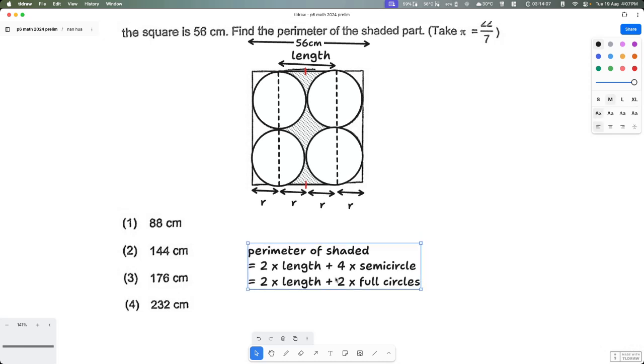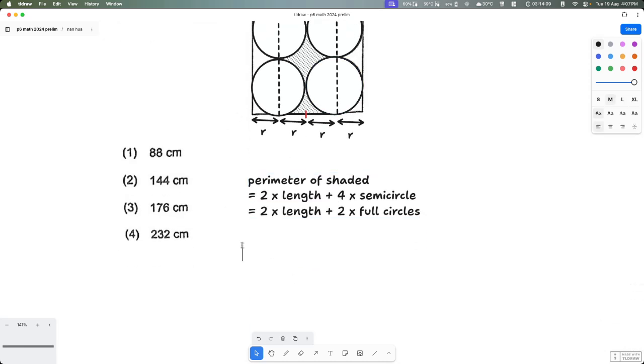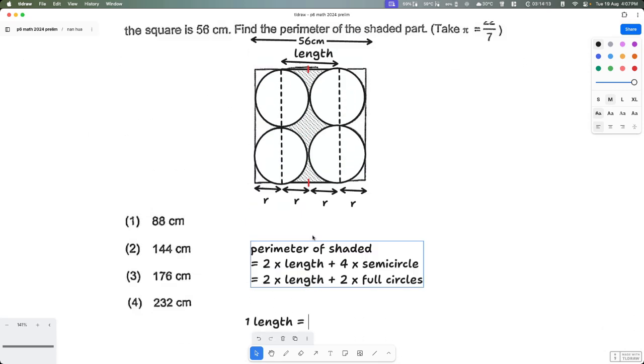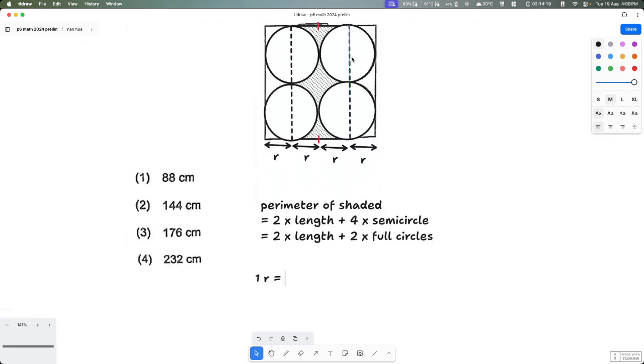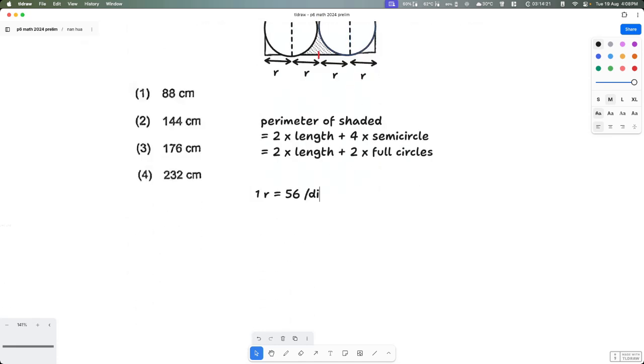Right, so with that, let's calculate. So one length is equal to, wait, 1 r or radius is equal to 56 divided by 4. Let's see, 56 divided by 4. What do you think the answer is?